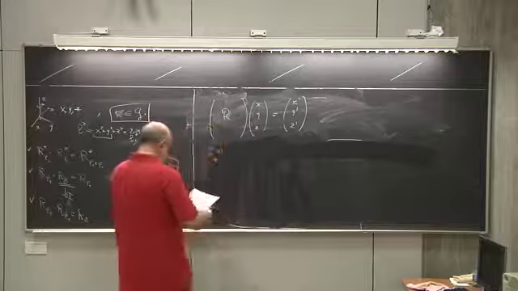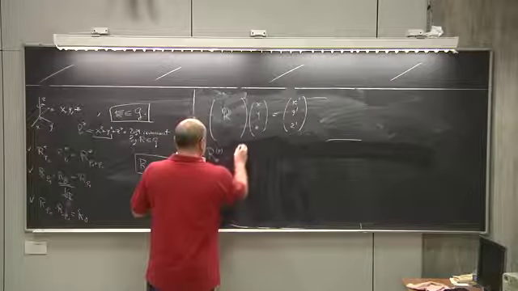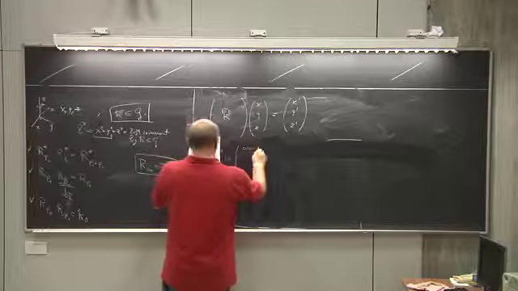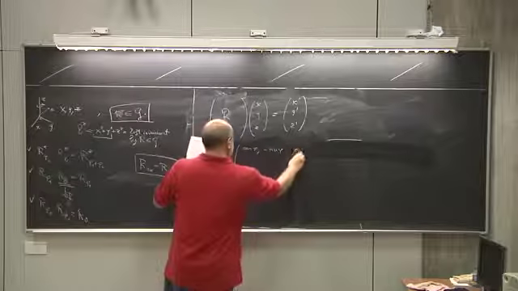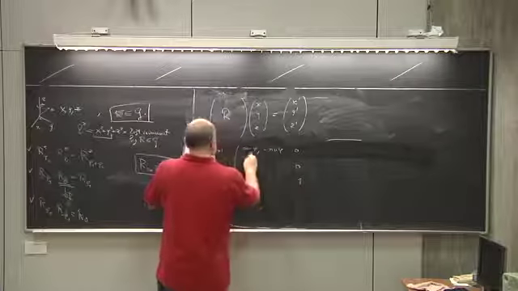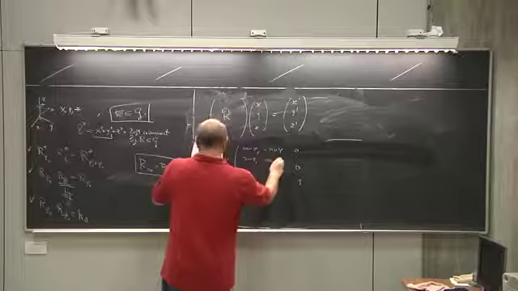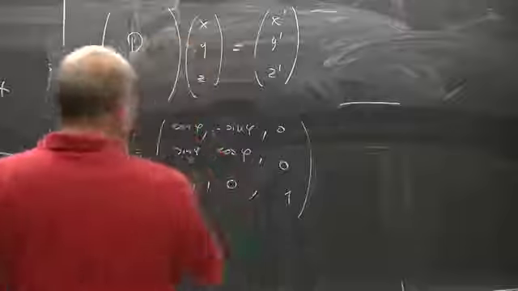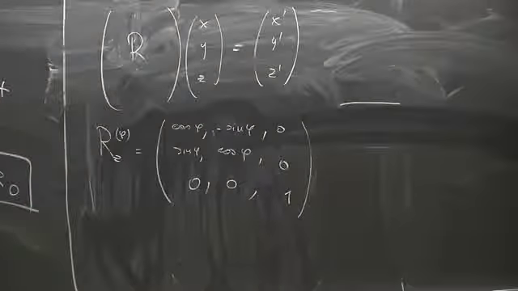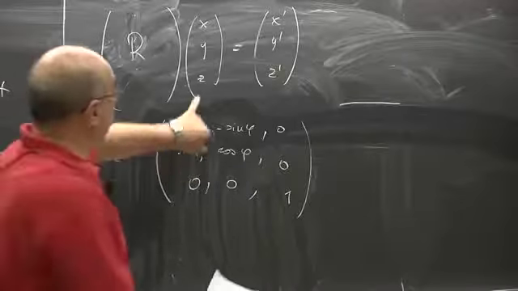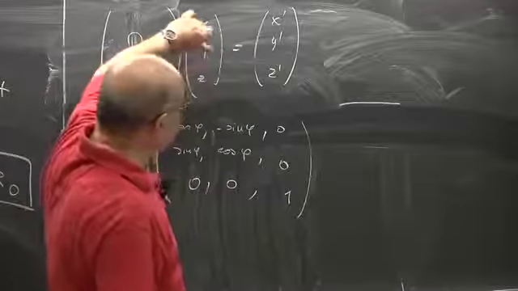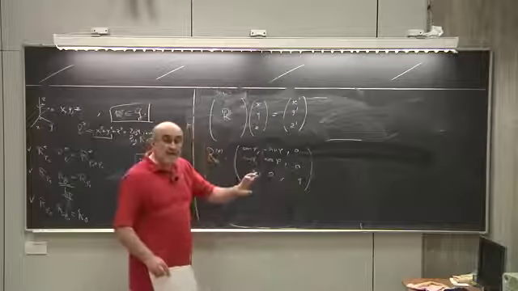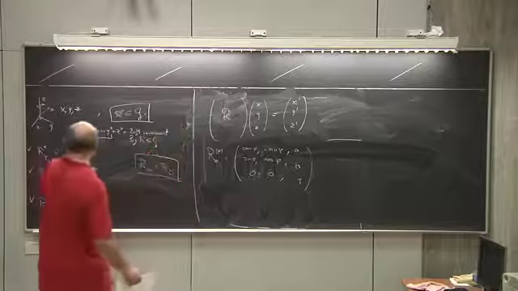The transformation is a 3 by 3 matrix of the following form: cosine phi, minus sine phi, 0; sine phi, cosine phi, 0; 0, 0, 1. This is the matrix in 3 dimensions that represents the rotation along Z. You see, if this is the vector, it changes only x and y. Z is left invariant.